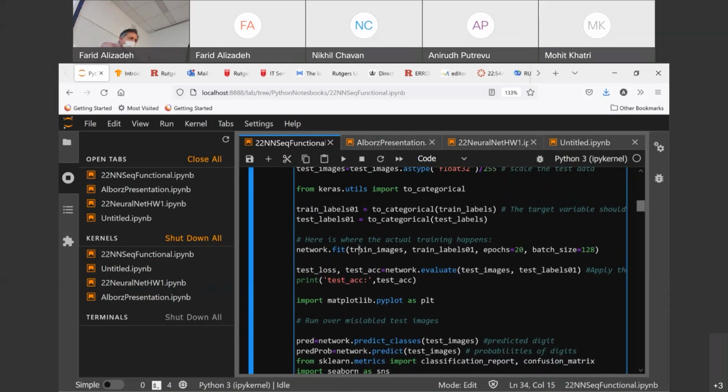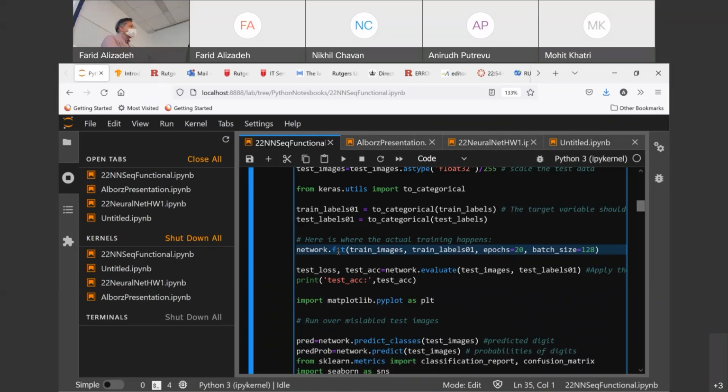Then this is where the action actually takes place. So the fit. I defined the network, the layers, etc. I compiled it. By compiling it, I said what kind of optimization to use, what kind of loss function to use, etc. So all is now designed, but nothing has happened yet.